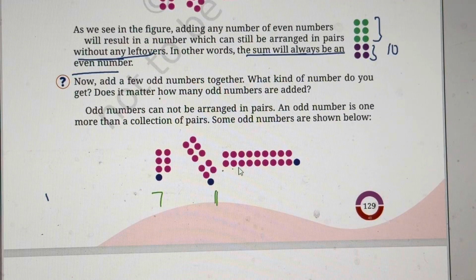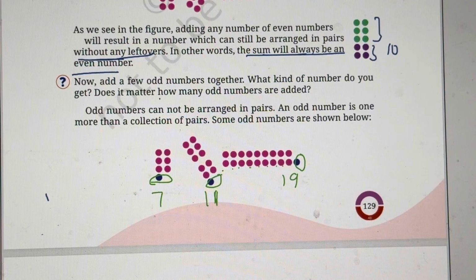Here 1, 2, 3, 4, 5, 6, 7, 8, 9. So 18 plus 1, 19. This is representing 19. What is happening? Why is this shown with a different color? Because everywhere there is one left over when we see the odd numbers, right? There are pairs, but one number at the end will be left out.